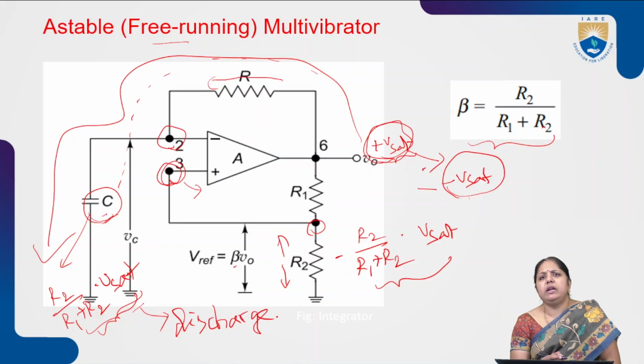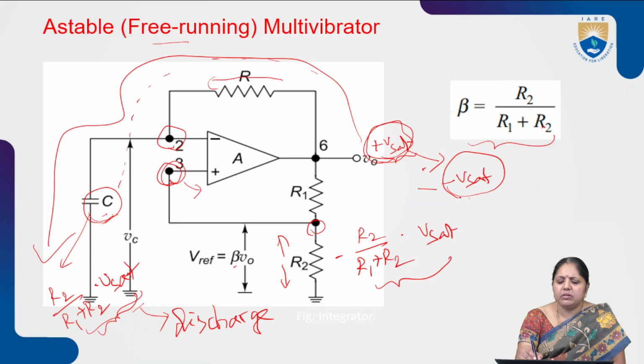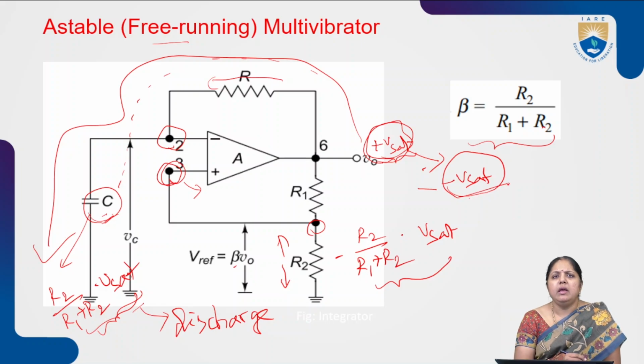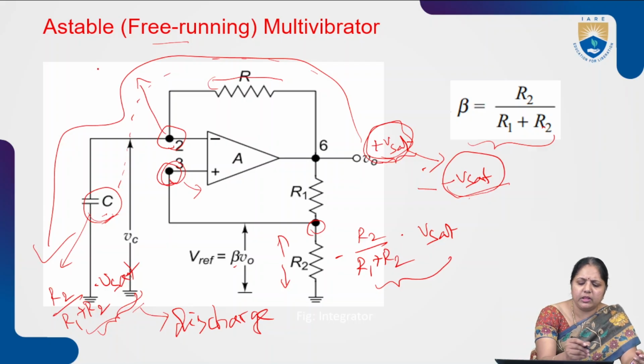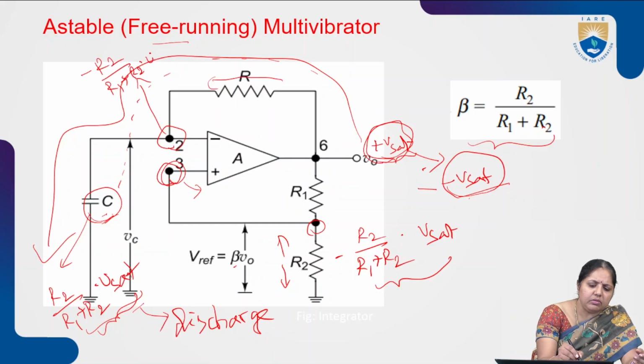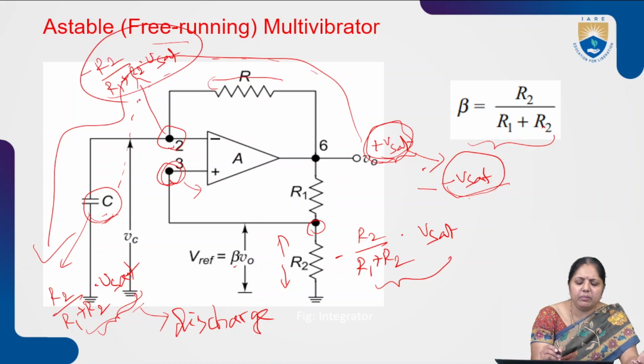To which value will it discharge? The capacitor will discharge towards the maximum value of minus Vsat. But whether it reaches minus Vsat, let us see. When the voltage at this point equals minus R2 by R1 plus R2 into Vsat, and if it reduces beyond this, immediately the potential at point 3 becomes more than the potential at point 2.